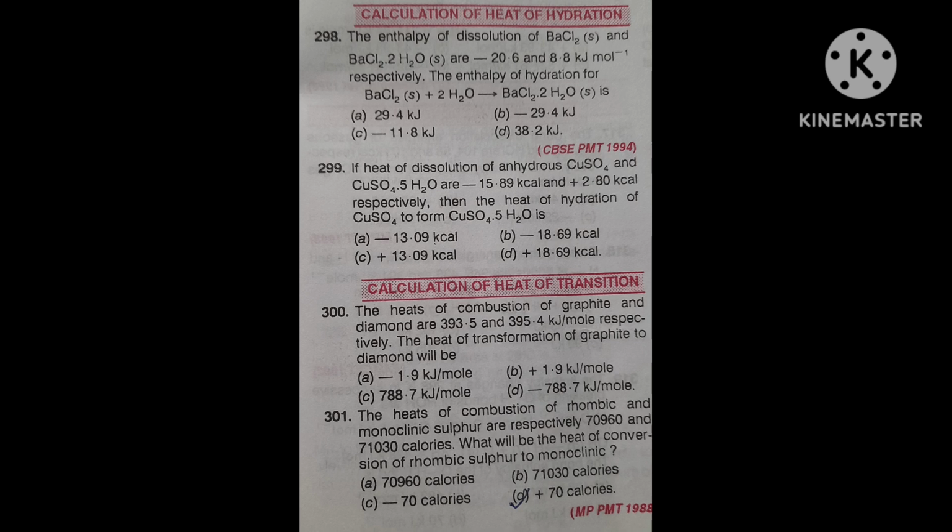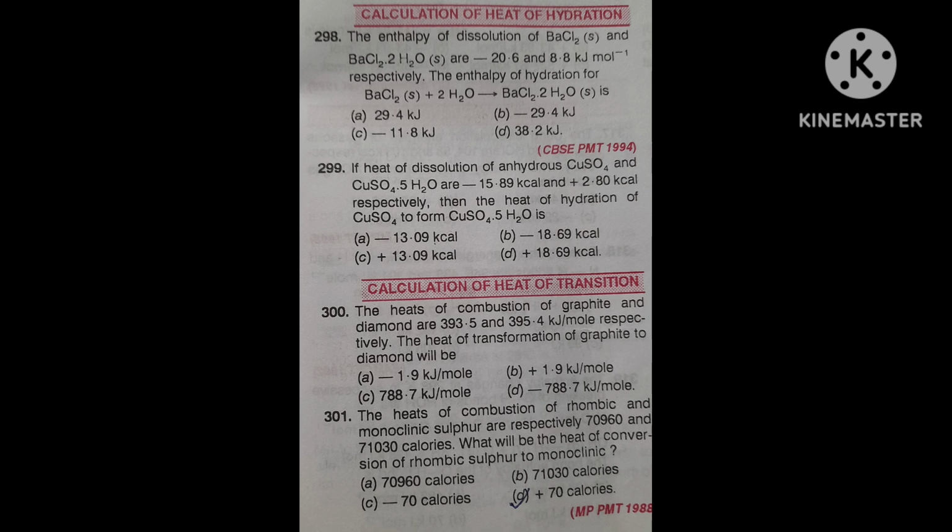And how will you split the first equation into two steps? First step, as I told you: barium chloride solid plus 2H2O gives barium chloride 2H2O, and delta H is equal to delta H1. The other step: barium chloride 2H2O plus aqueous gives barium chloride aqueous, and delta H is equal to the second reaction, plus 8.8 kilojoule, that you can call delta H2.